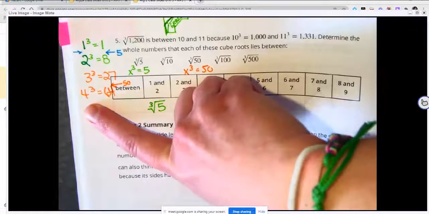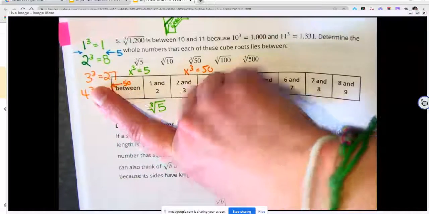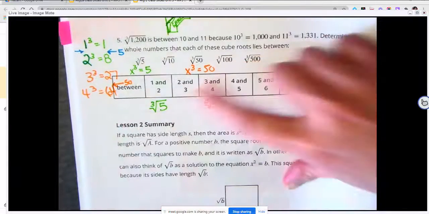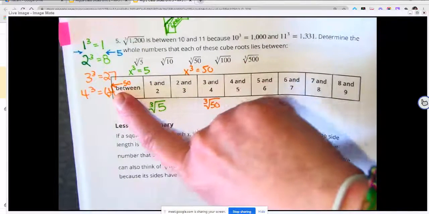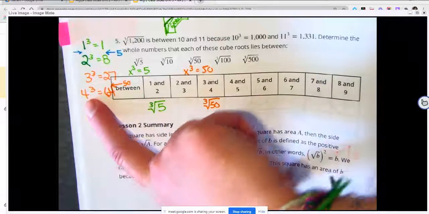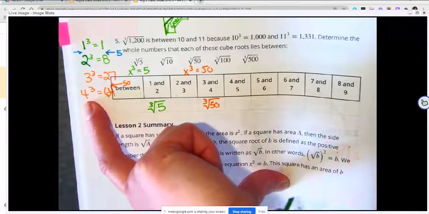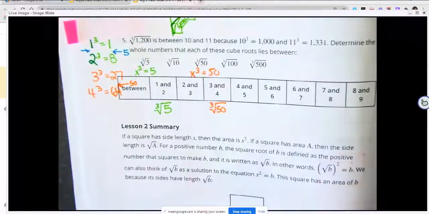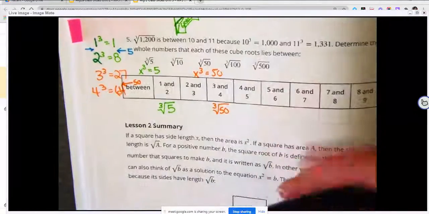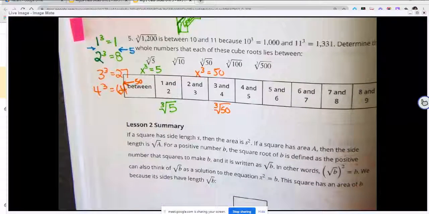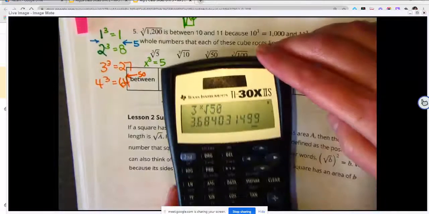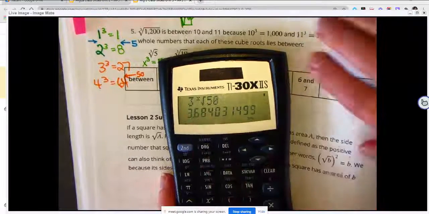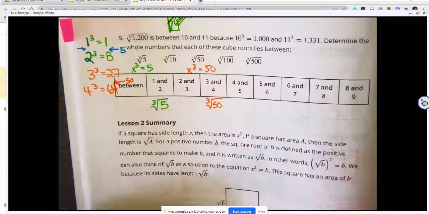So my answer is going to be between 3 and 4. And because 50 is much closer to 64, I know my number is going to be closer to 4 than 3. So it's going to be like 3.7, maybe 3.8. Let's check it out. Ooh, 3.7, really close. 3.68. I aimed a little high.